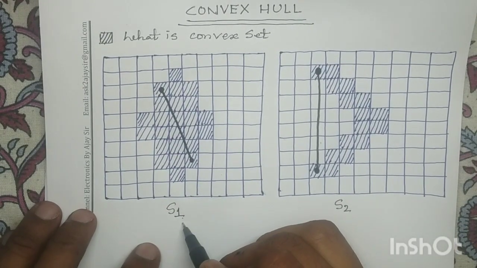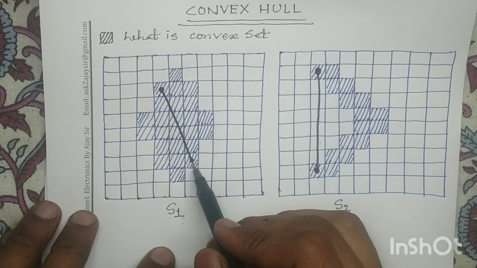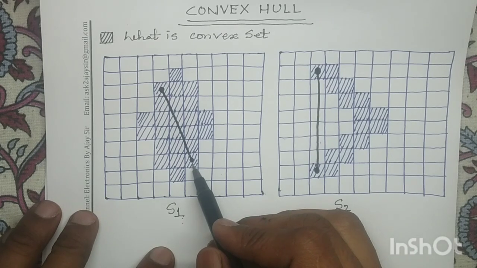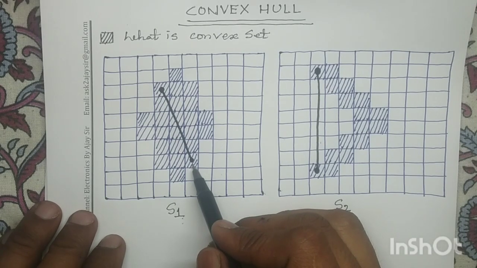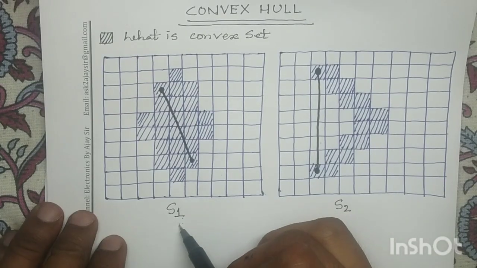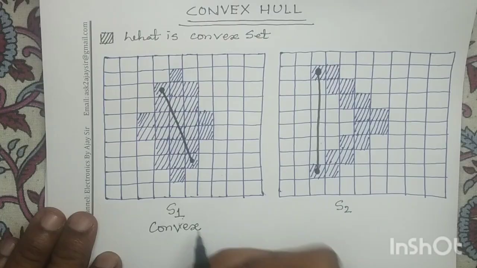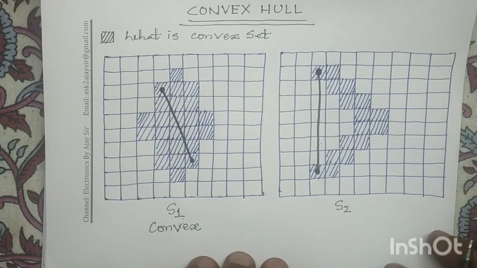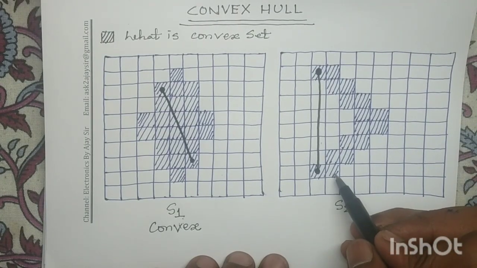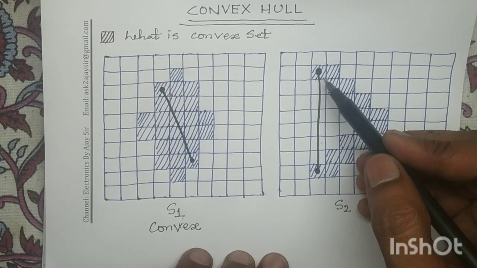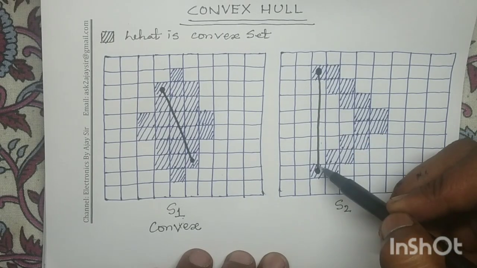So in object S1, I choose any 2 points, a pair of points, I connect them with a straight line and this straight line is passing through the object set, it is passing through the object pixels. We will say the set S1 is convex in nature. On the other hand, in this object set S2, I choose a pair of points, I connect them with a straight line and this straight line is not passing through the object set.